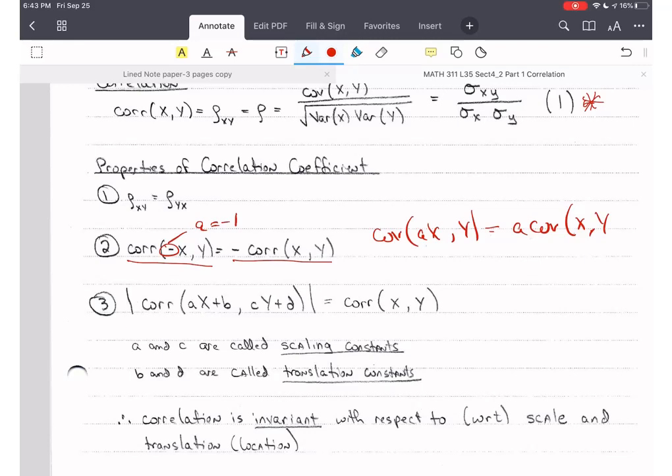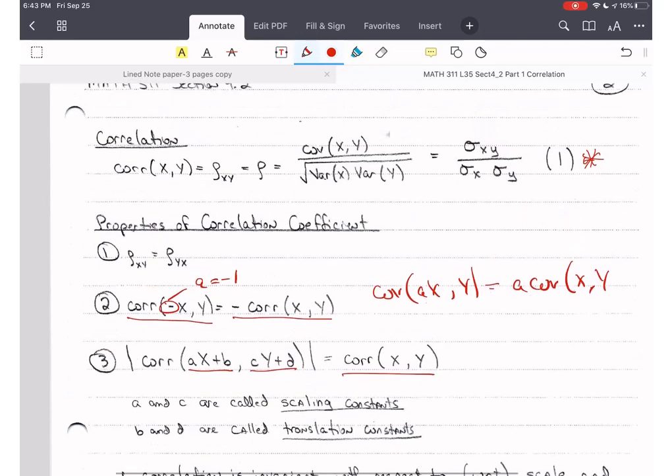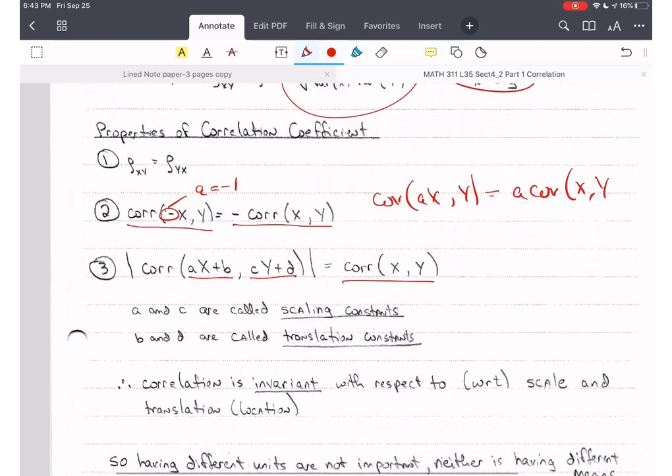And then the absolute value of the correlation of aX plus b with cY plus d is equal to the absolute value of the correlation of just X and Y. And again, you can do this with the definition of the covariance and the definition of the correlation. Here's the definition of the correlation, and of course, for the covariance, you can use the definition of the covariance.